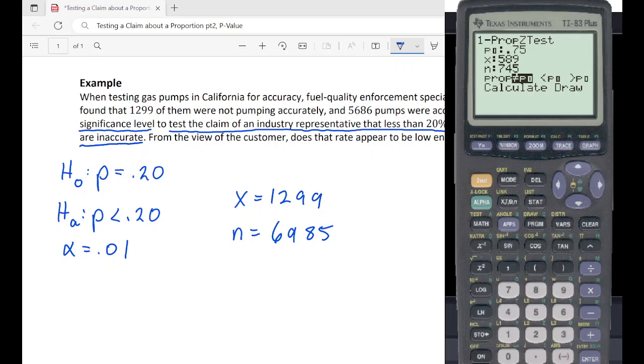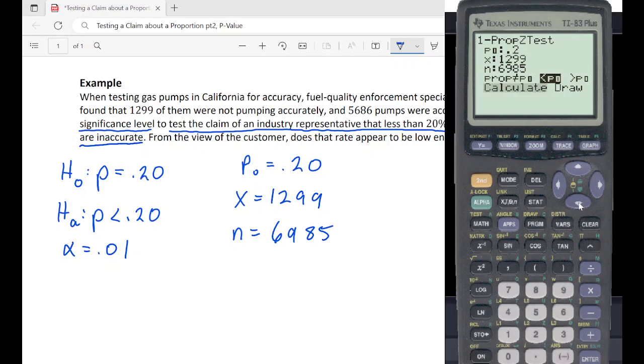Our p-naught is going to come from our hypothesis, so p-naught is 0.20, x is 1,299, and n is 6,985. Our alternative hypothesis says less than, so that's what we're going to select here.